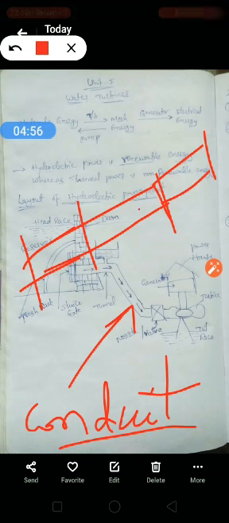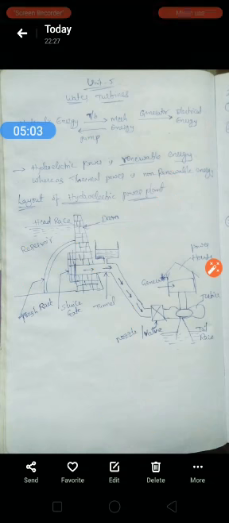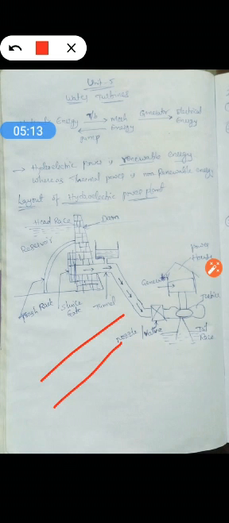That means we join each and every pipe by nut and bolt system. This formation of pipe is called conduit. For the single pipe we call pipe. For the joining of a series of pipes, more than one pipe, it is called conduit.